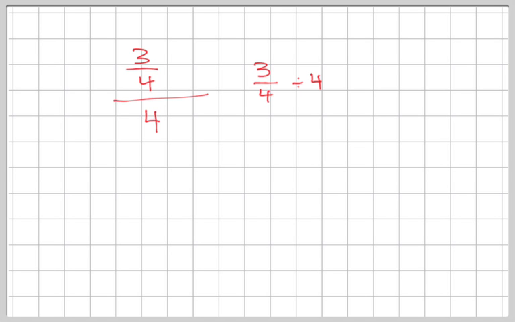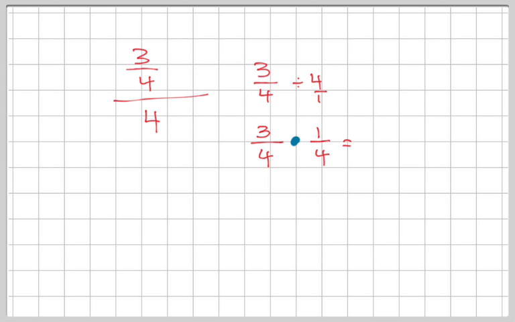Now Brian says, if you are dividing, you have to multiply by the reciprocal of the second number. So let me write that as 4 over 1, just to show you. So this becomes 3/4 times what? 1/4.